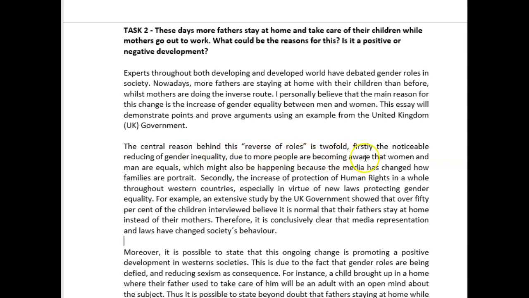So you said that more people are becoming aware that women and men are equal. All right, so here maybe you could have given us an example right there, which would have been something like, for example, a study of, I don't know, 20,000 10 to 18-year-old children said that fathers can do the same jobs at home that mothers have traditionally done, just as mothers can do the jobs outside the home that men have traditionally done.